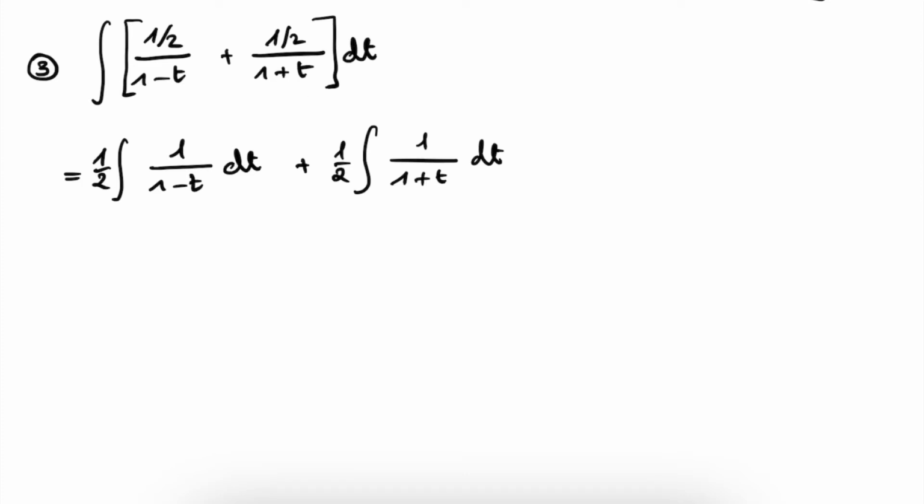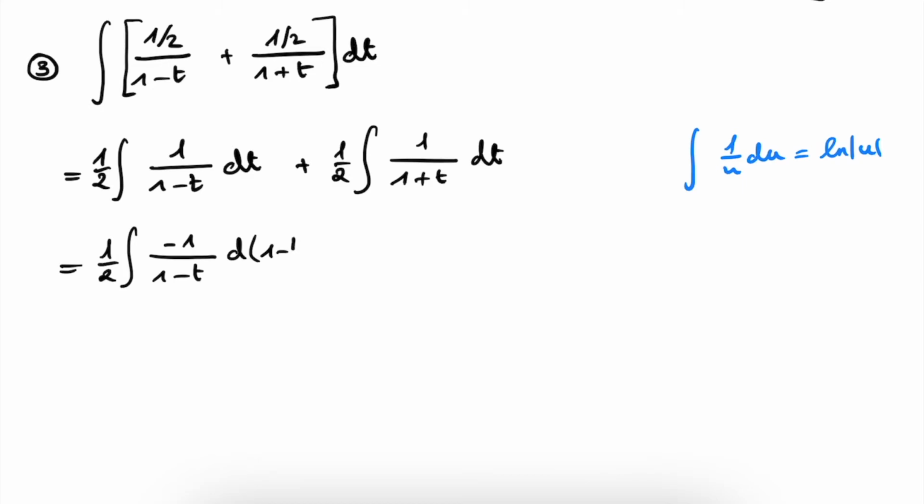And now we are practically done, because we can simply solve these two integrals by using the method of substitution and knowing that the integral of 1 over u du is of course the logarithm of u. So let's do that right away. So we get 1/2 times the integral of minus 1 over 1 minus t d of (1 minus t). And why this minus 1? Well, because we've substituted t to 1 minus t, and this minus sign needs to be taken into account.